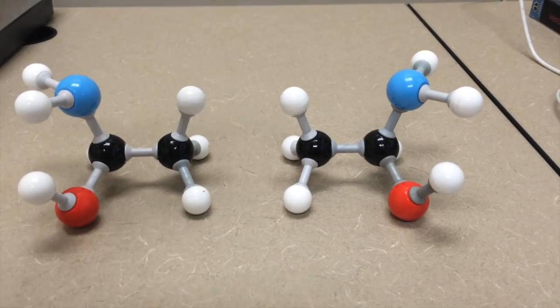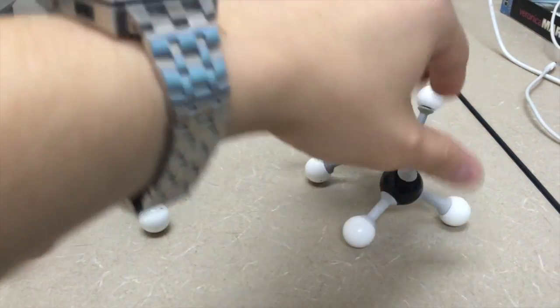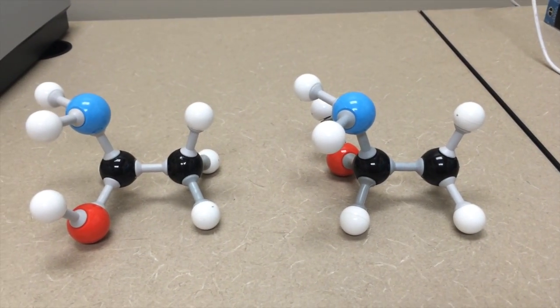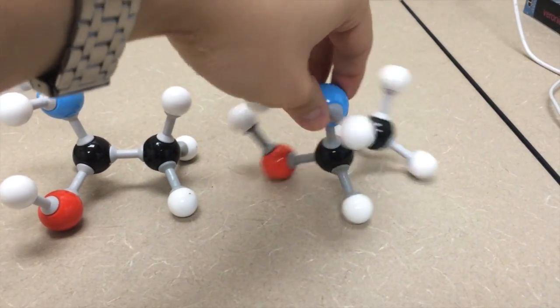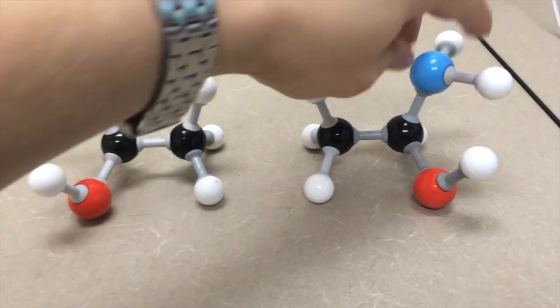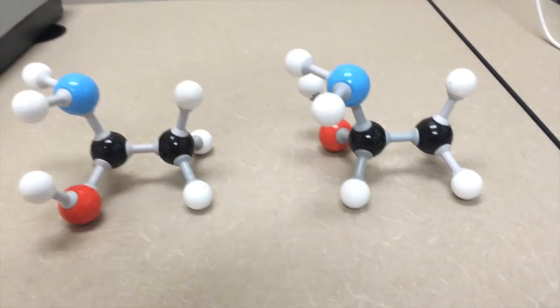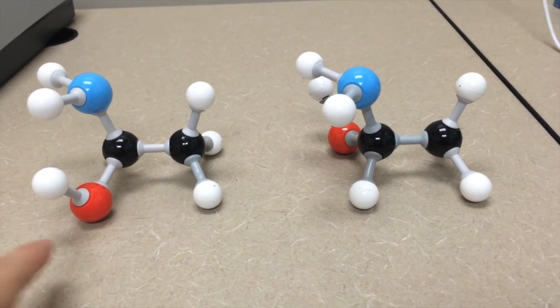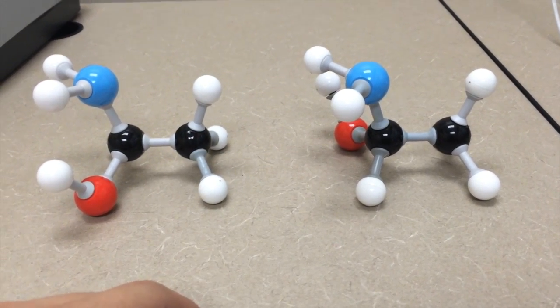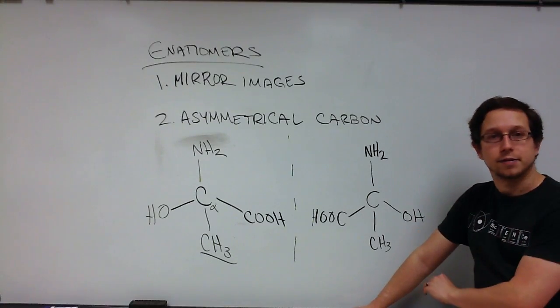And what you would notice is as I turned either one of those molecules, those enantiomers, neither would ever be completely in the orientation of the other. The nitrogen might still be on top with the hydrogens, but when it was turned and oriented in the same direction as the other molecule, the oxygen actually wound up in a different place.